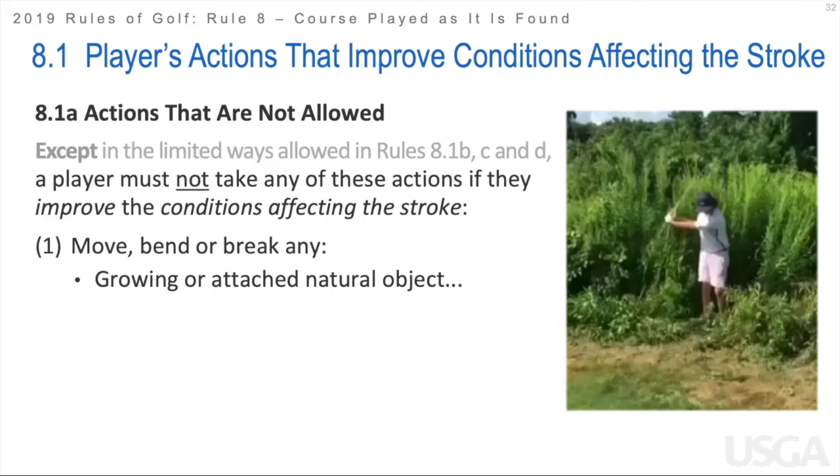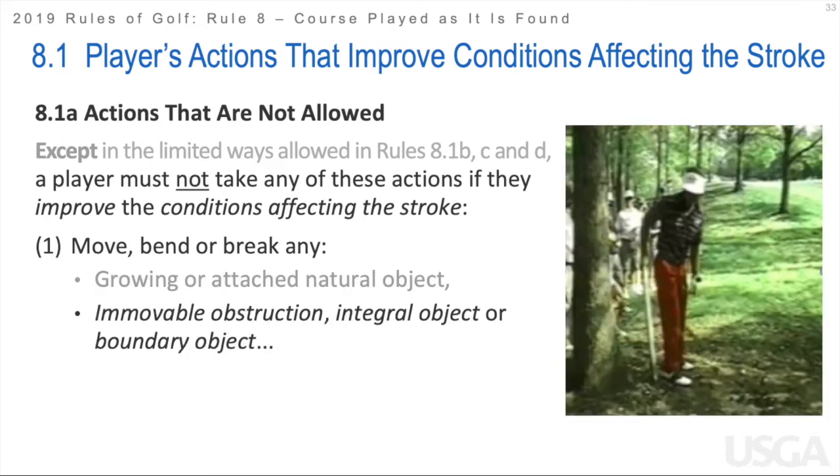So, we cannot move, bend, or break any growing or attached natural object, such as the grass in the video we watched just a little bit ago. We cannot move an immovable obstruction, integral object, or boundary object. Boundary objects would be things that mark out of bounds, such as a white stake. It's a picture on the right.